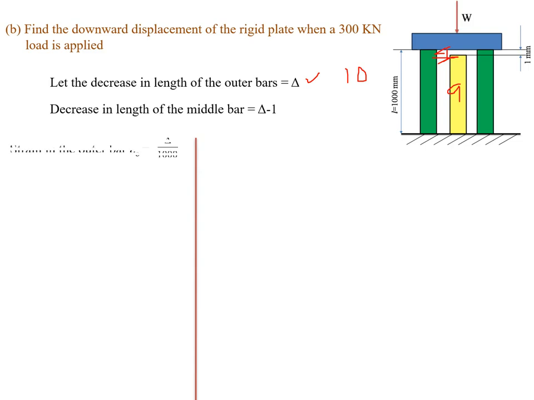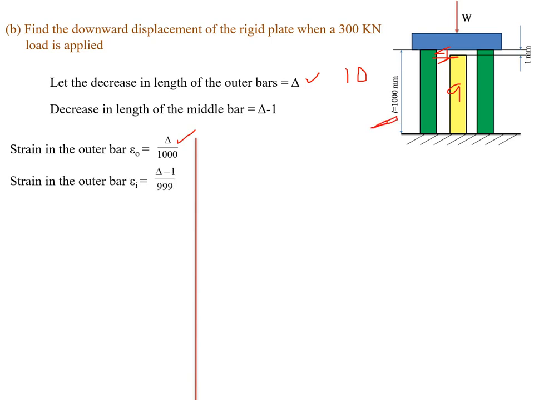Next we have to find the strain in the outer bar, that is epsilon naught. We know that strain is nothing but change in length divided by the original length. Here the change in length is delta and the original length of the outer bar is 1000 mm.